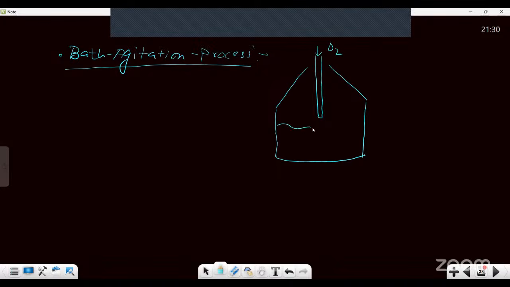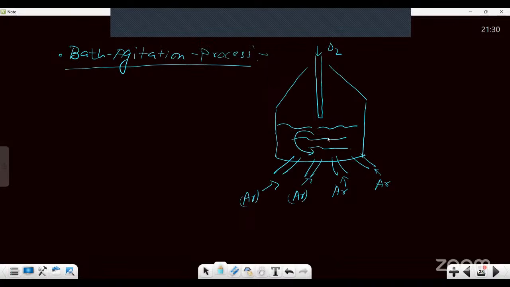This is the hot metal. And from the tuyeres, what we will do is blow argon. We are blowing argon.